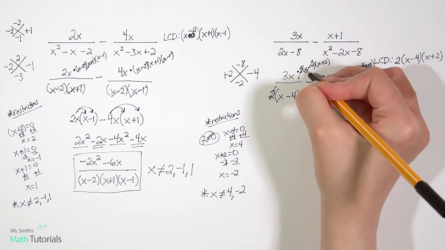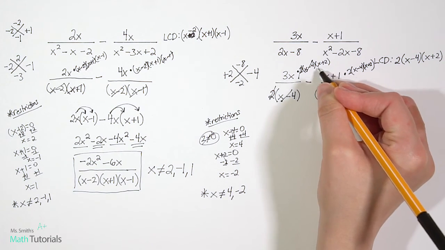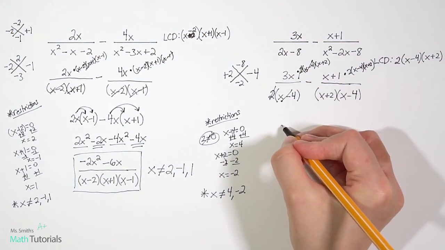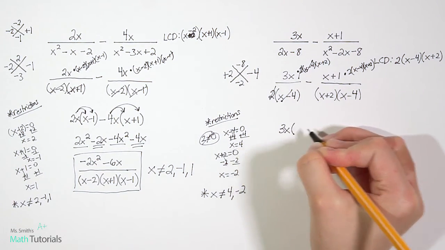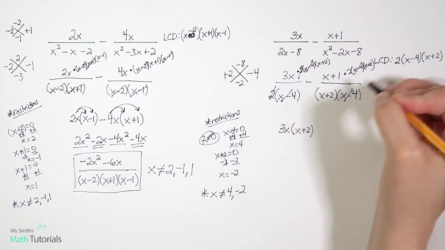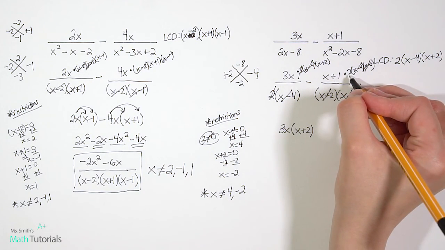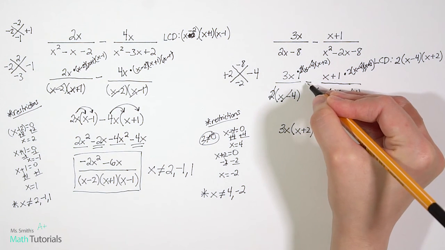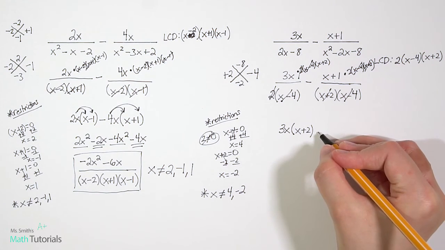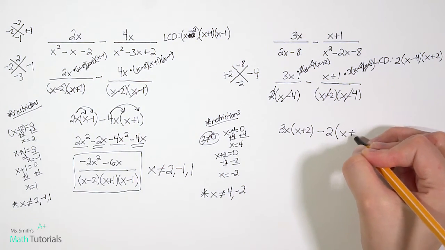I can cancel the x minus 4 and the x minus 4, and I'm still left with this x plus 2. So let's write what we have, 3x times x plus 2. I can't cancel the 2 this time, but I can cancel the x minus 4, and I can cancel the x plus 2. So I just have this 2 of the LCD left. So we have to be very careful here. Okay, this is a negative, so we want to write that as a negative 2 times x plus 1.